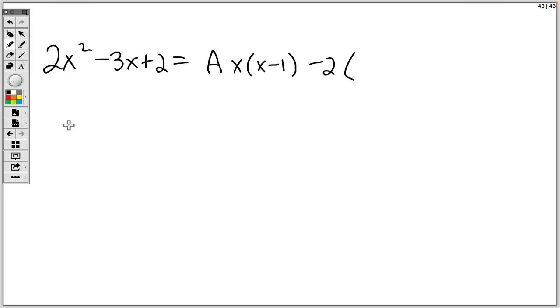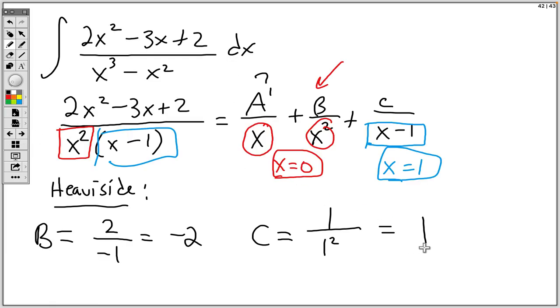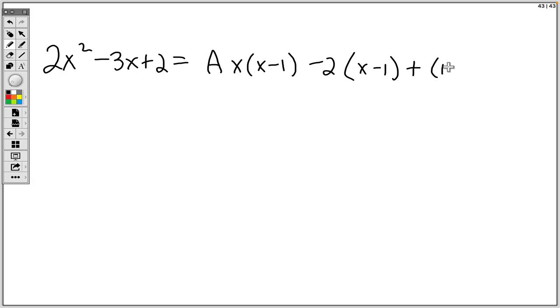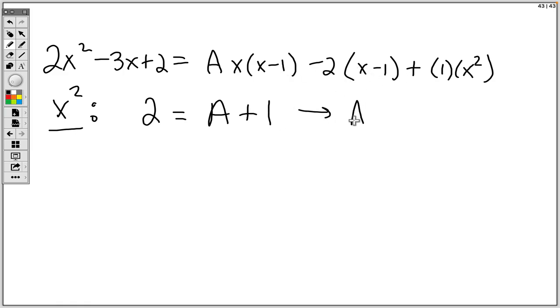I'd be left with an x minus 1. Plus c, which I determined to be 1, times x squared. And now I can equate coefficients. If I look at the left-hand side, x squared, I've got 2 of them. Over here, I would have ax squared from the first term. Nothing would come out of here, plus 1 over there. Boom, that gives me a is 1.